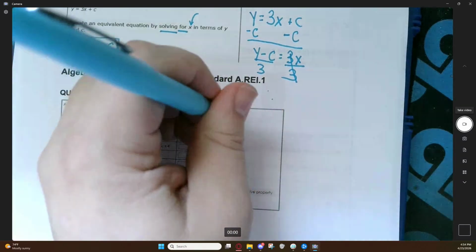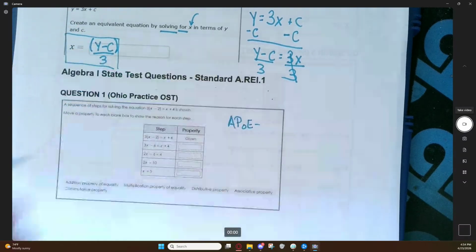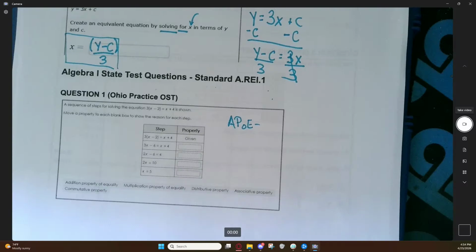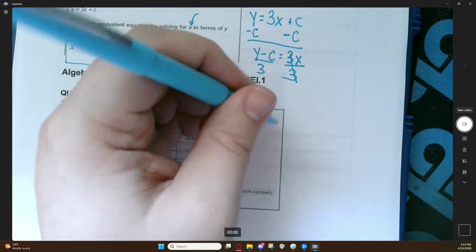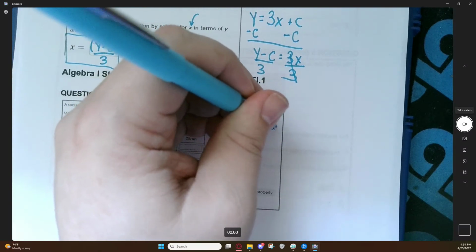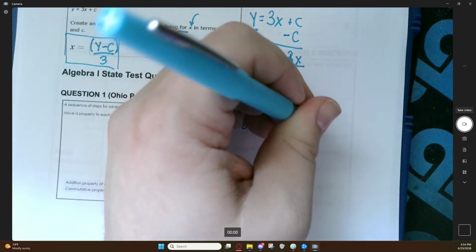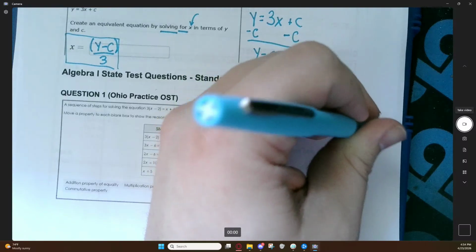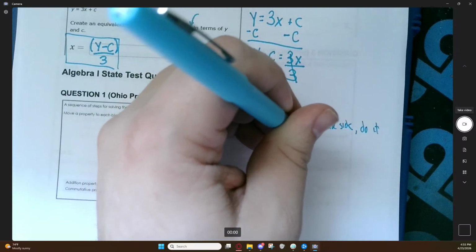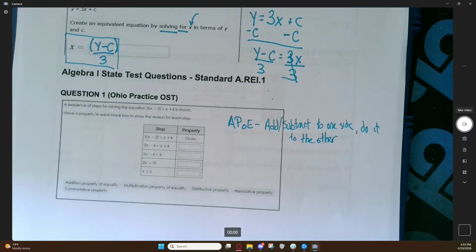The addition property of equality, which I'm just going to abbreviate here, is the idea that when you add or subtract something to one side, you must do it to the other.